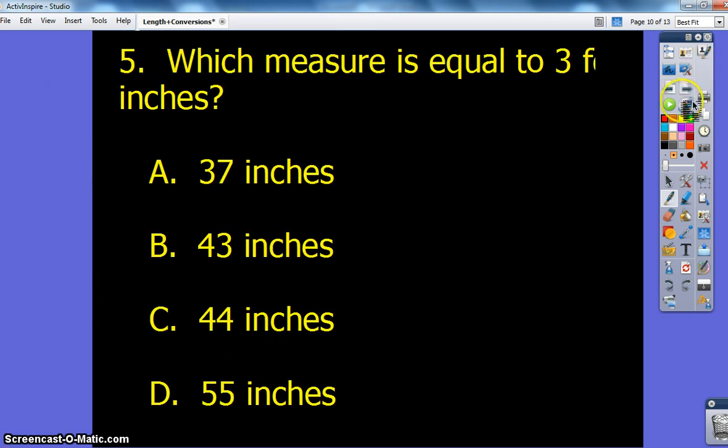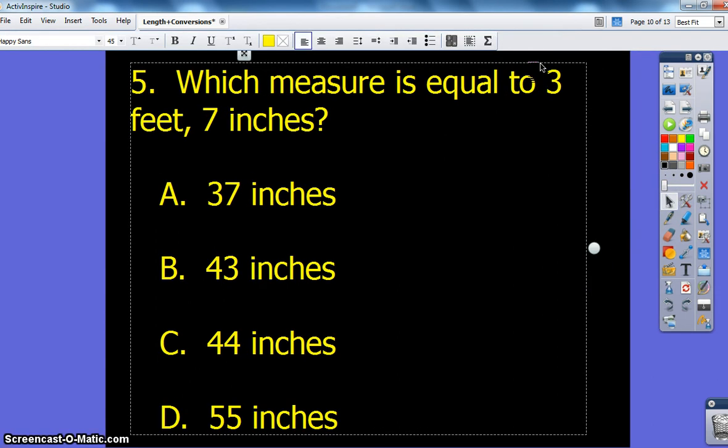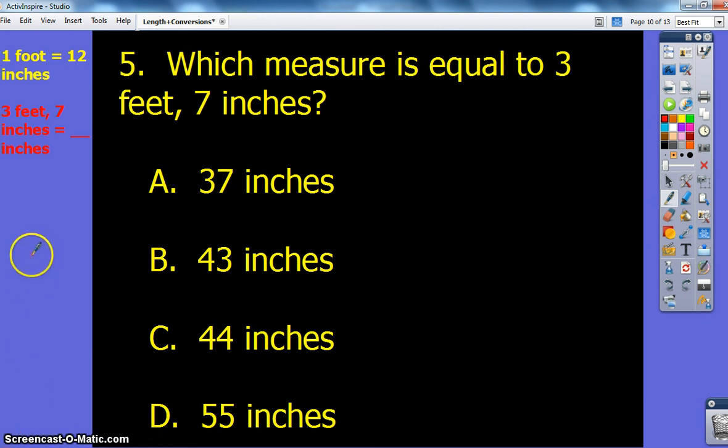Okay, which measure is equal to 3 feet 7 inches? Start calculating. In this problem, we're wanting to convert everything into all inches. We have 3 feet and 7 inches, so we need to convert the 3 feet to inches. If 1 foot equals 12 inches, then we're simply going to multiply. 1 changes to 3 by multiplying by 3.